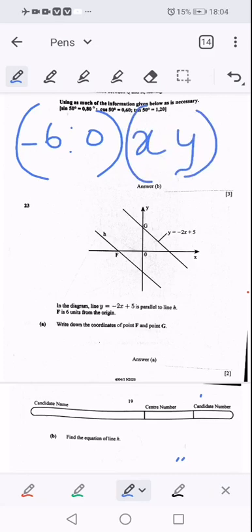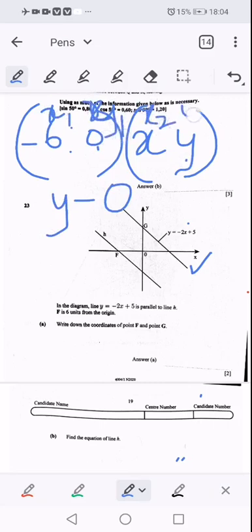Since parallel lines have the same gradient, the gradient we will use is -2. So to find the gradient, we have y minus 0 over x minus -6, where this is x1, y1, then x2, y2.